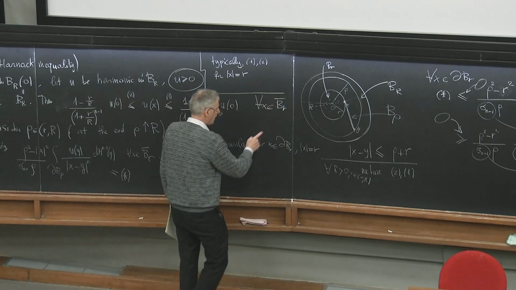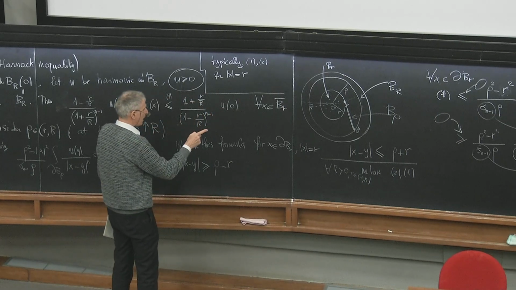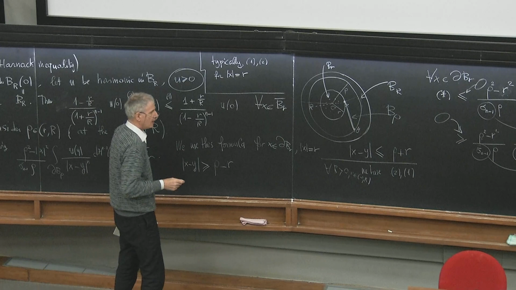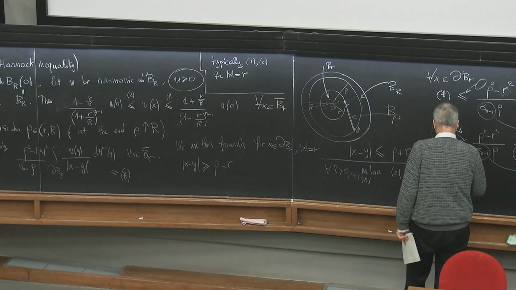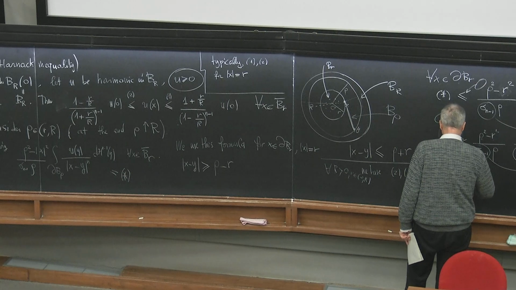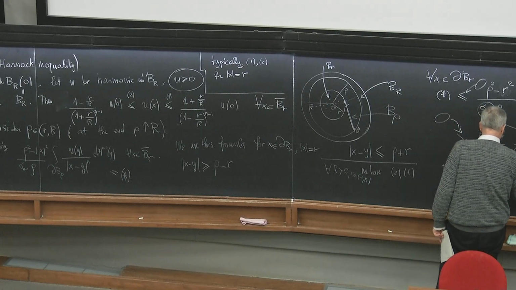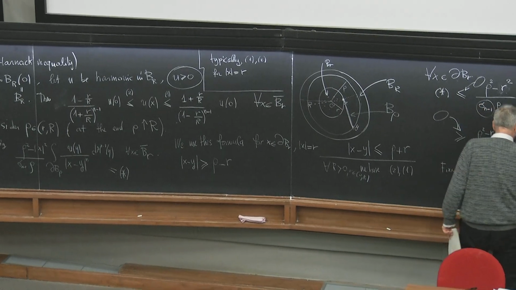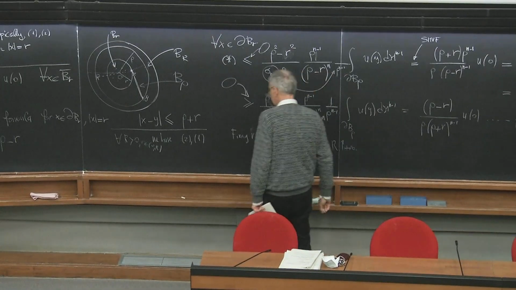We fix small r. We fix x, fix small r, and let capital R, as Rama is saying, go to plus infinity. So fixing x, fixing r, r in 0R, x in BR, let R go to plus infinity.